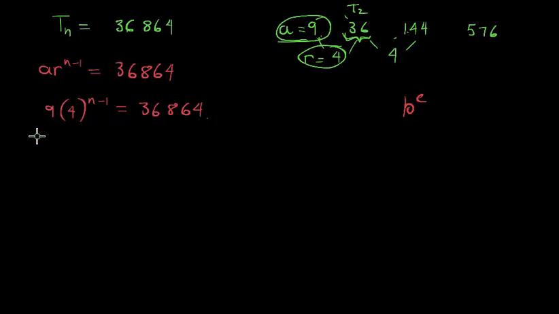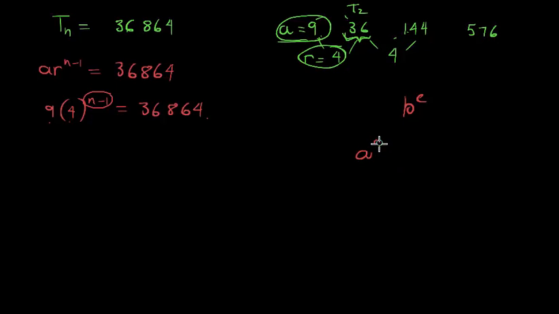Yes. 9 times 4 to the power of n times 4 to the power of negative. No, because you don't need to separate this. You're giving me a clap because you cannot multiply them, because it's multiply and divide. Guys, this is a very important rule.